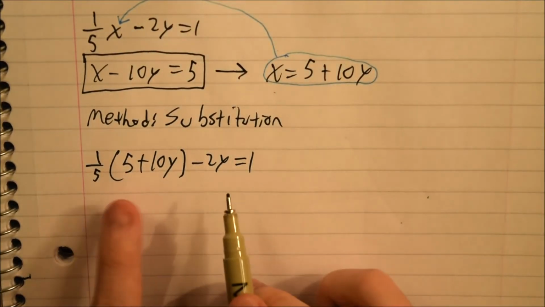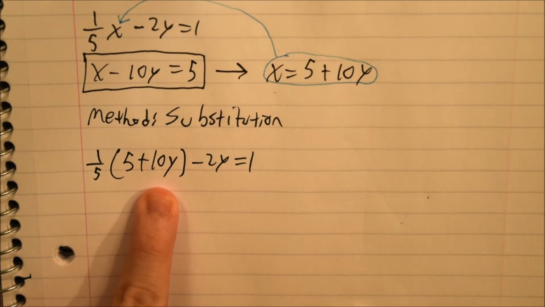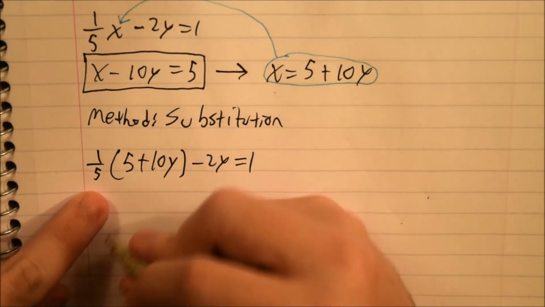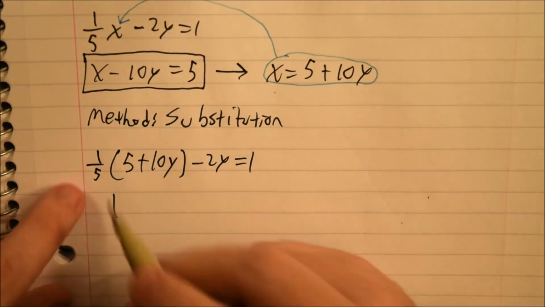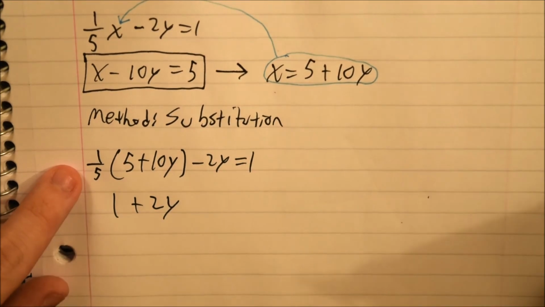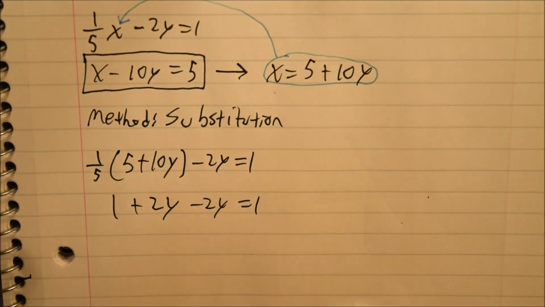Now I have a linear equation in the variable y and I can solve for it. So I distribute this 1/5 here, and 1/5 times 5 gives me 1. 1/5 times 10y gives me 2y. Then I have minus 2y equals 1.